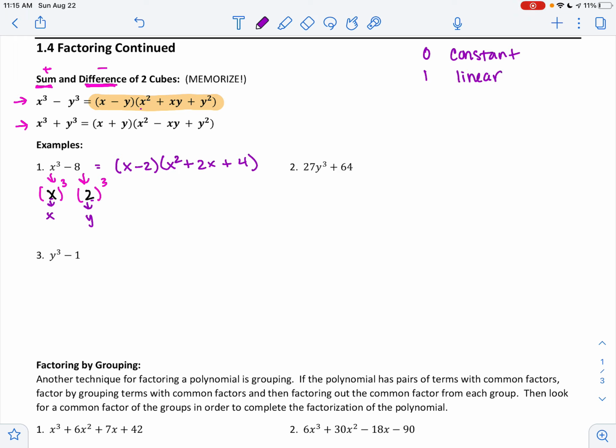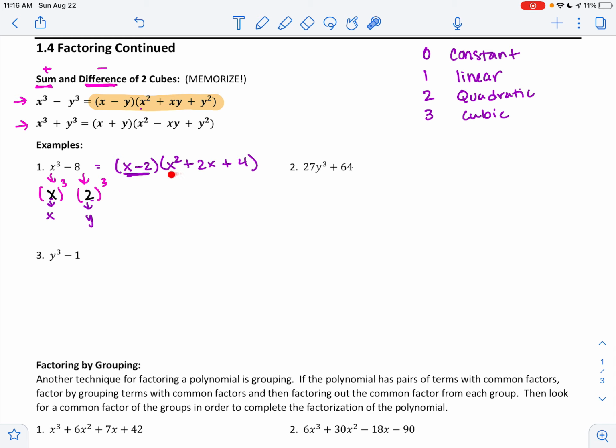If the highest degree of the variable is 2, then it's quadratic. If the highest degree is 3, then it's cubic, and so on. So for this example, x minus 2 is linear because the highest degree of x is 1. Whenever you have a linear factor, that's factored completely.